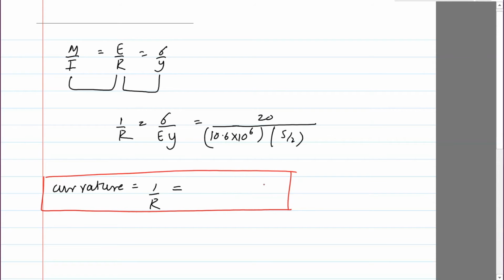I think I computed R. It should be 1 divided by R. The radius should be a really big value because if it bends a little bit, then the radius would definitely be a very large value. So the curvature should be really small. 12.97.